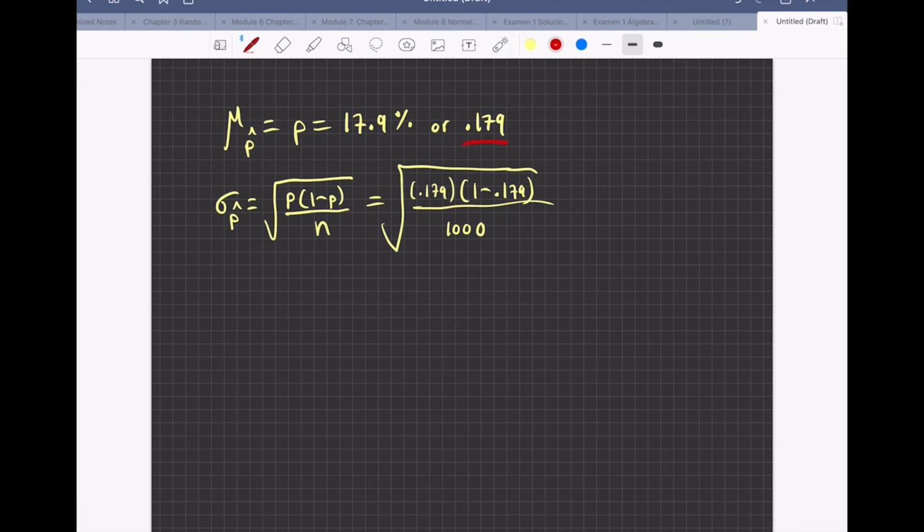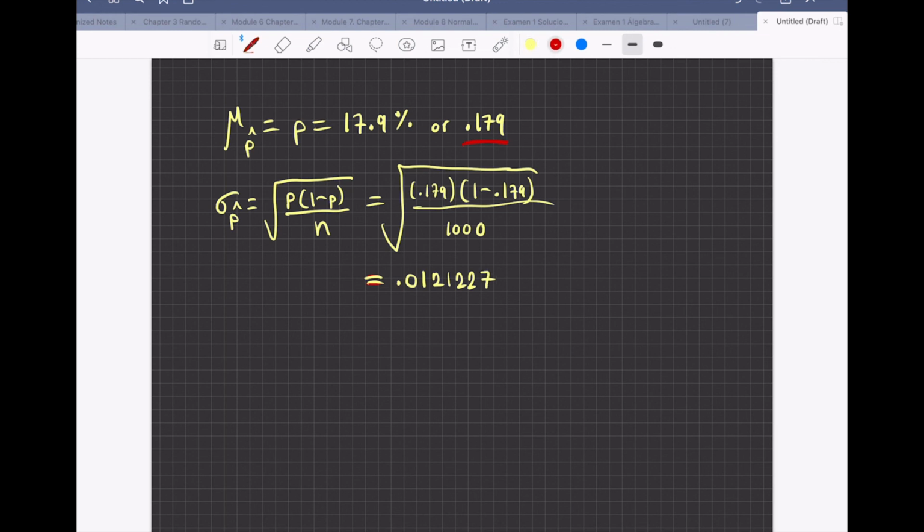So we need this, and we're going to need this. For this value, I got 0.0121227.